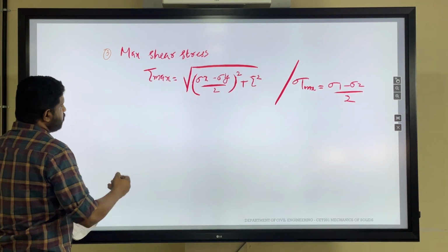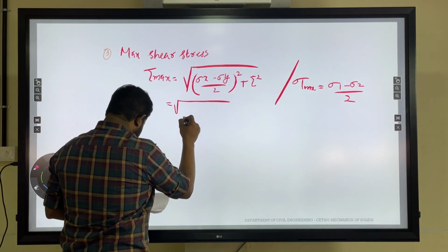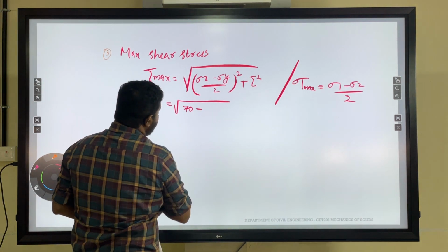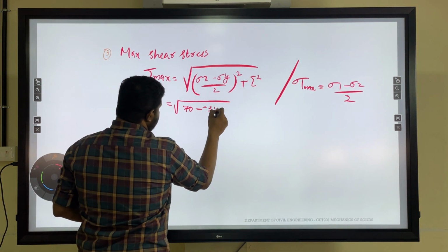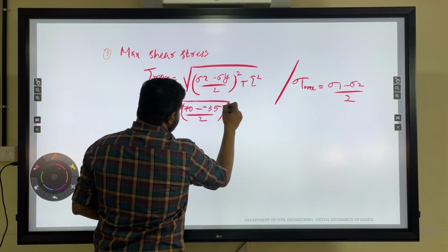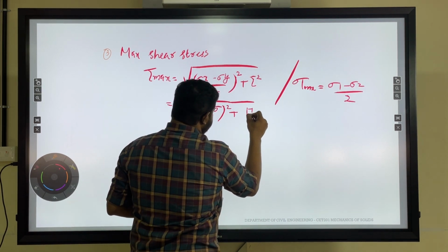Okay, so on substituting the values, root of sigma x will be 70, sigma y will be minus 35, by 2 the whole square plus tau square. What is the value for tau? It is 17.5.